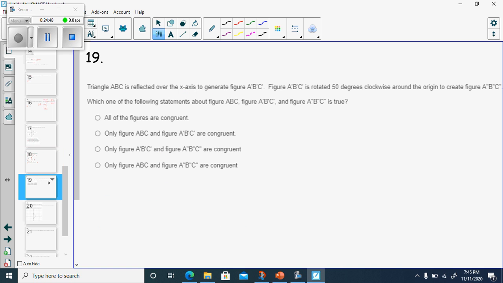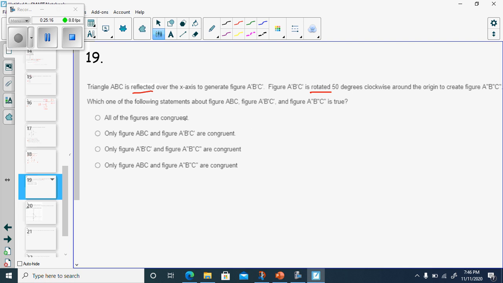Now let's look at number 19. Triangle ABC is reflected over the x-axis to generate figure A prime, B prime, C prime. So we got a reflection. Figure A prime, B prime, C prime is rotated 50 degrees clockwise around the origin to create figure A double prime, B double prime, C double prime.